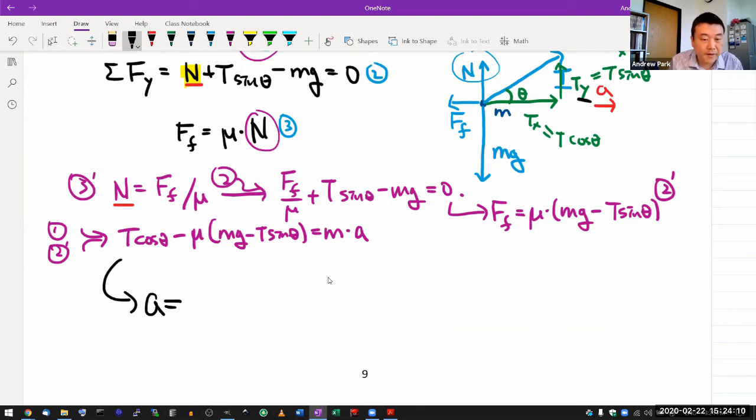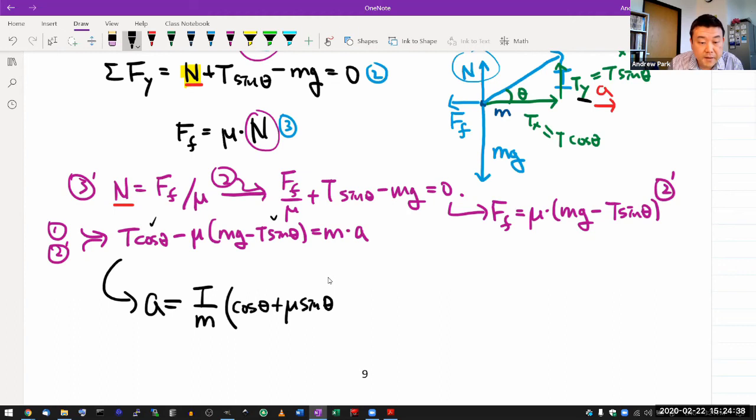So I'm going to have tension over m, and I have things inside the parenthesis. Cosine theta, that's this one. And I need to be careful with this one here. It's minus mu times minus sine theta. So it's plus mu sine theta.